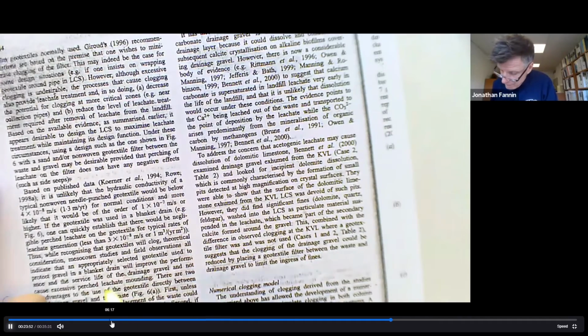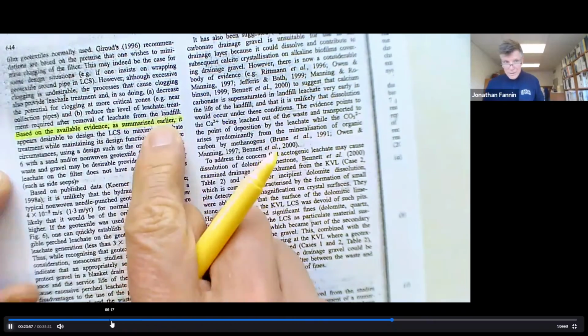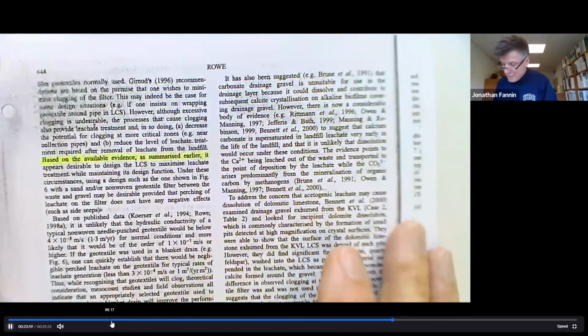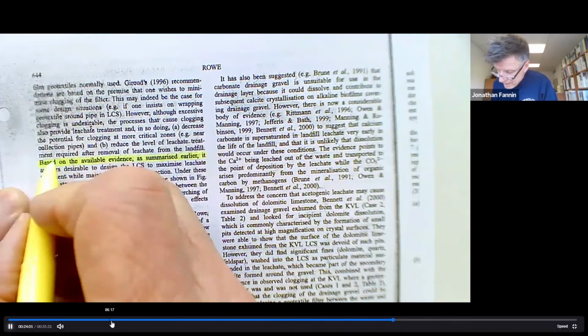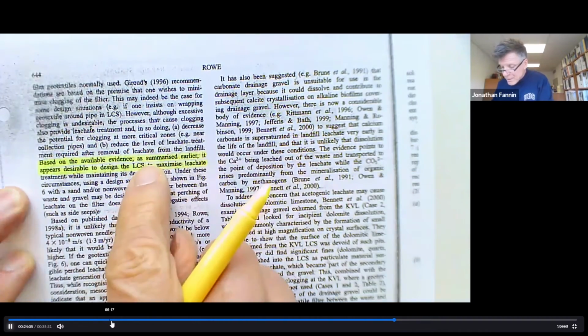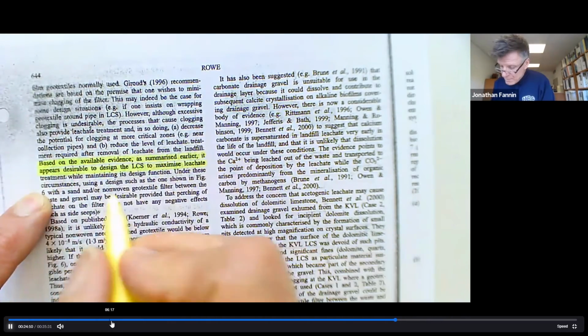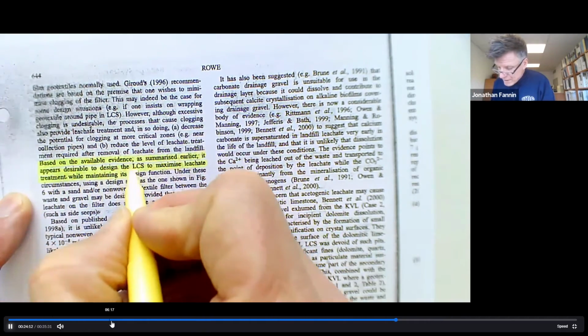Then, based on the available evidence, as summarized earlier, and it is in the paper, it appears desirable to design the leachate collection system. Now here's the evolution of design practice: to maximize leachate treatment while maintaining its design.